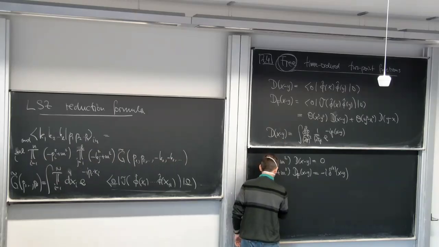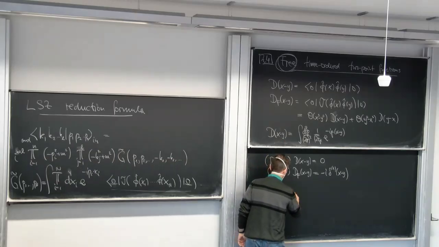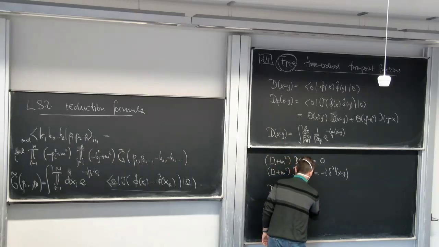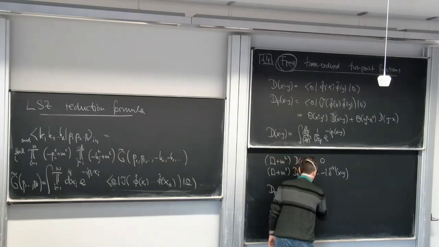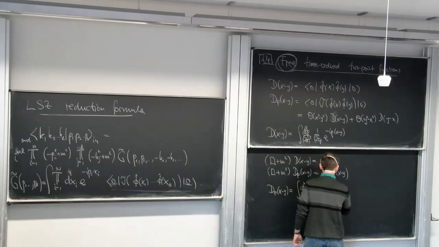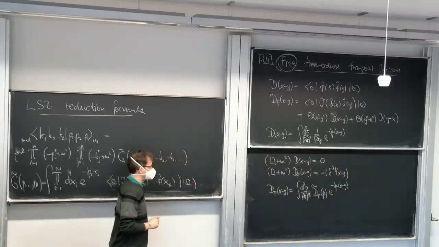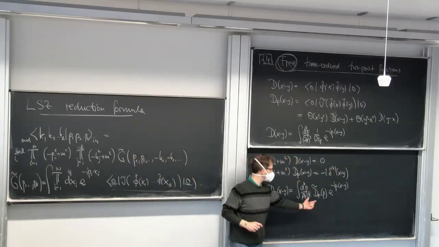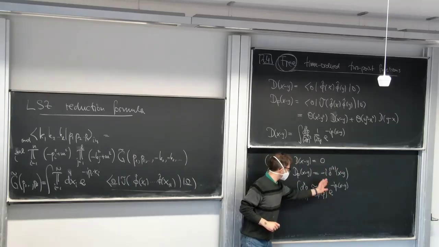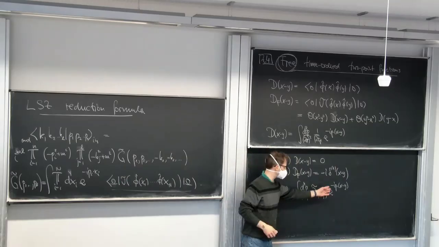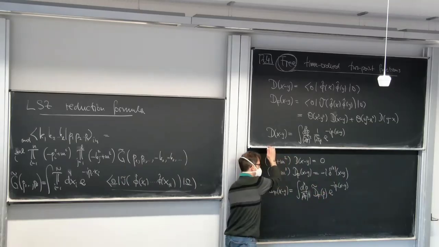We define D_F of x minus y as the 4-dimensional Fourier integral, d^4p over (2π)^4, and then you have D_F tilde of p, e to the minus i p times (x minus y). That's now a definition of this, and it picks the sign that we want. You can have different normalizations, of course, and different signs. This is how I want it.